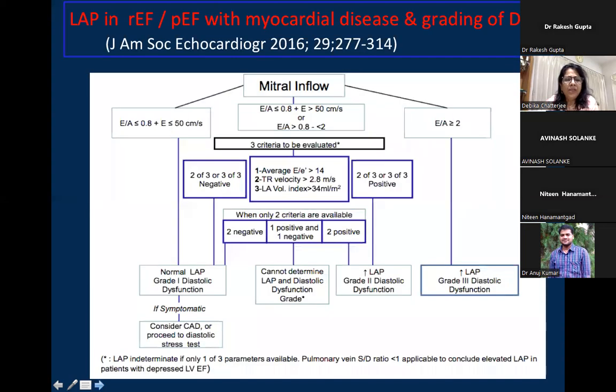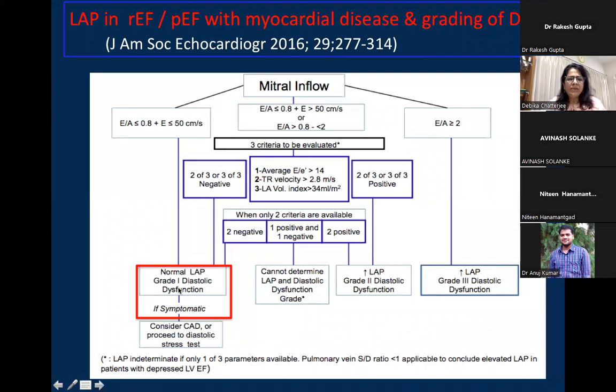Now, see, till now, we were measuring all Doppler parameters when the patient was in resting condition. I mean, the patient was lying down on the bed.